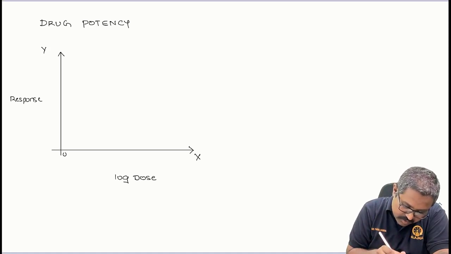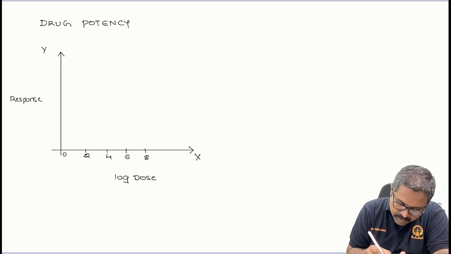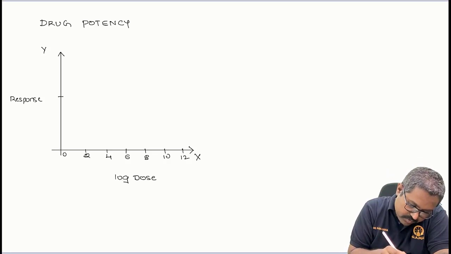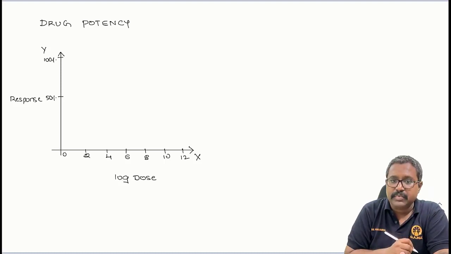This will be the 0 dose, this will be 2 milligram, this will be your 4 milligram, 6 milligram, 8, 10, 12, etc. And this will be your 50% of the response, and this will be your 100% of the response.